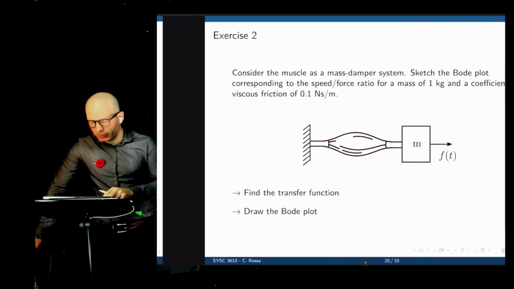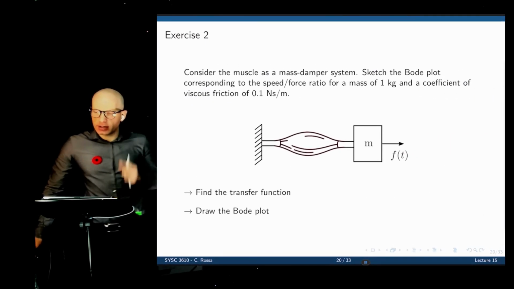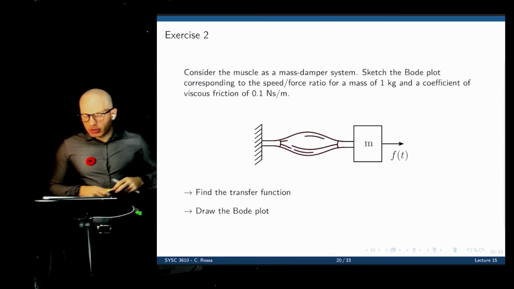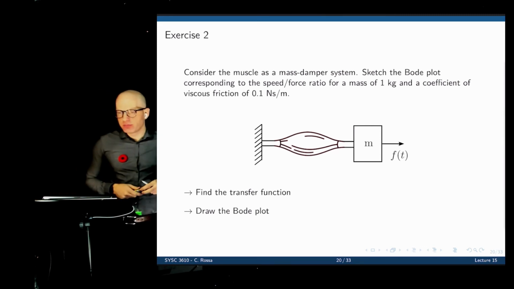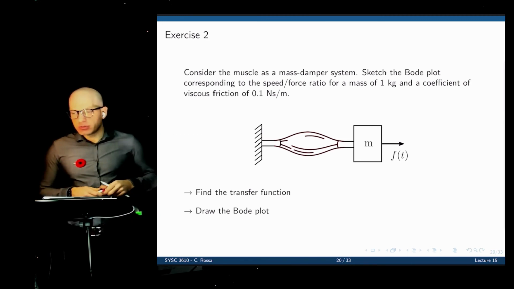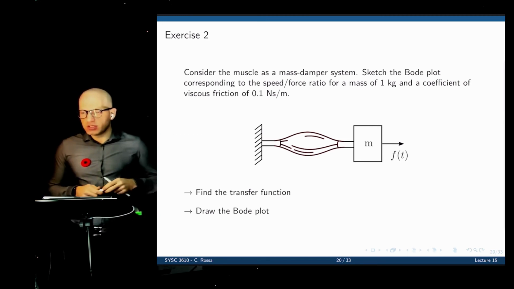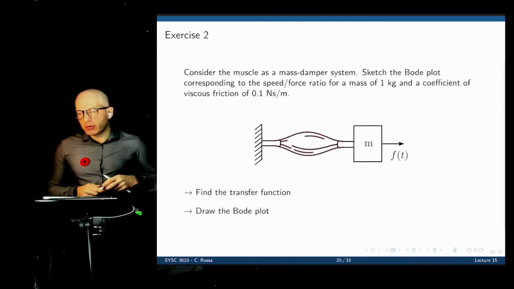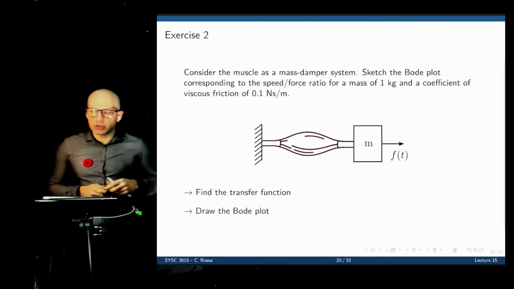Okay. So let's do one exercise. Here we have that example we considered for the muscle that was modeled as a mass damper system. Sketch the Bode plot corresponding to the ratio of speed to force of a mass of 1 kilogram and a coefficient of viscous friction of 0.1 Newton second per meter.